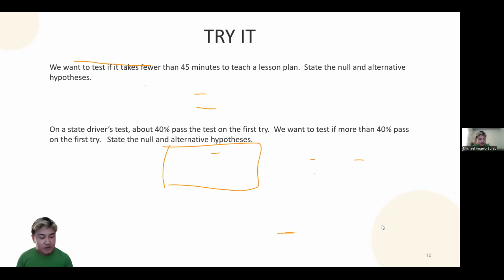Next, so this is your task. You have to write the null and the alternative hypothesis of these problems. Again, the null hypothesis always contains the equal sign. So always write the alternative hypothesis using less than, greater than, or not equal symbols.